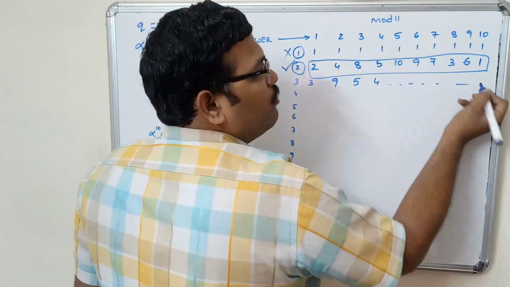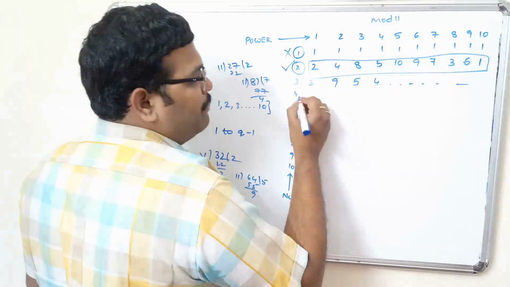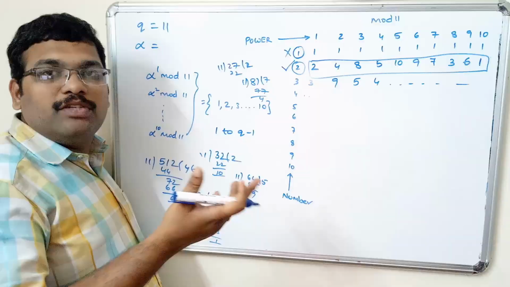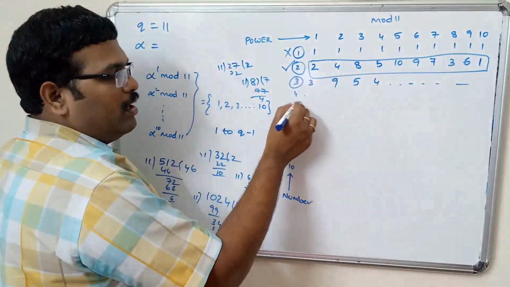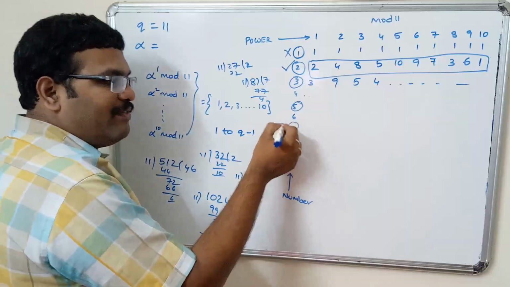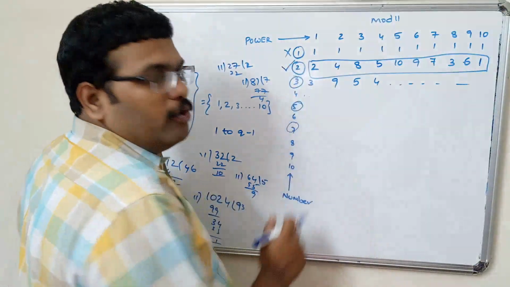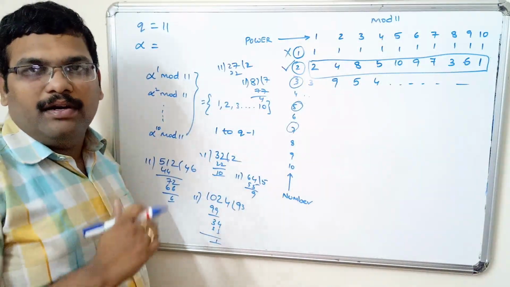So likewise, we can calculate the mod values for all the numbers from 1 to 10. So we may get more numbers which are primitive roots of 11. We may get 3 as a primitive root, 5 as a primitive root, or 7 as a primitive root. Whatever primitive roots we got, we can select one among them as alpha.